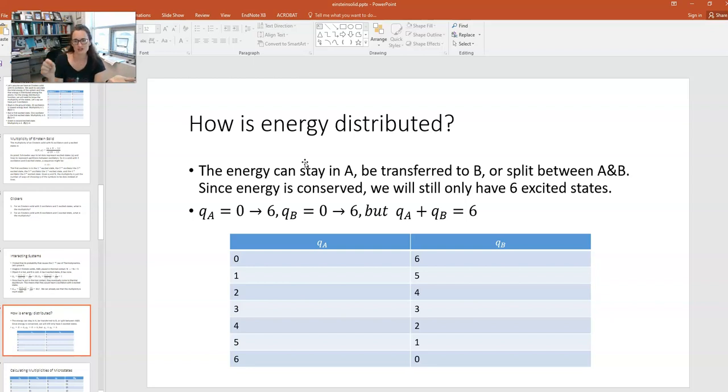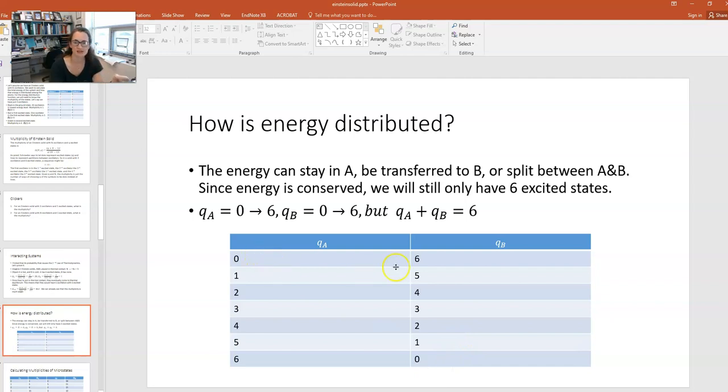So energy is conserved. We're still only going to have 6 excited states. So this table runs down how many excited states A might have and B might have. These are all the possibilities. Remember, we're not weighting these possibilities, right? We're going to consider all these to be equally likely. That's one of our fundamental assumptions in thermodynamics.